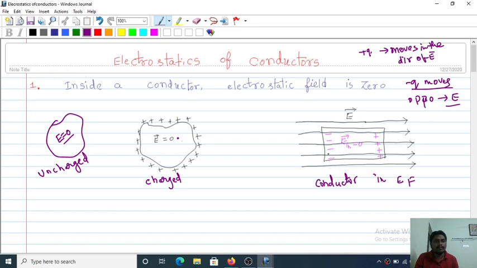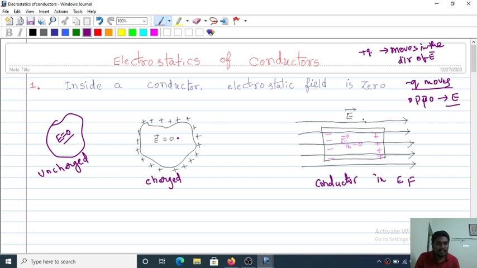When the equilibrium condition is reached, the total free negative charge accumulates on the left side and the total positive charge appears on the right side of this conductor. And the electric field inside the conductor is again zero. Why?